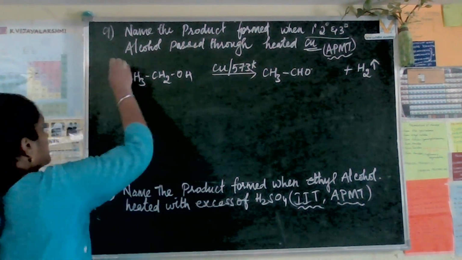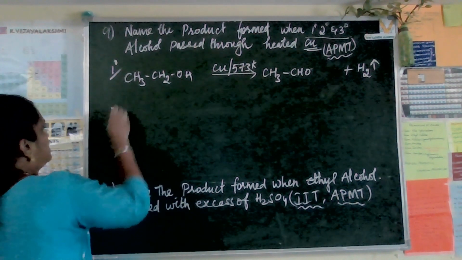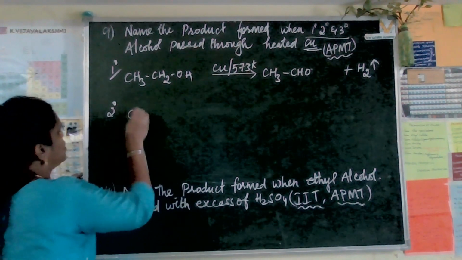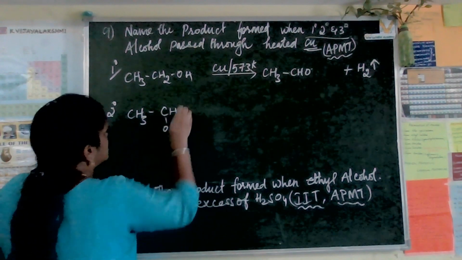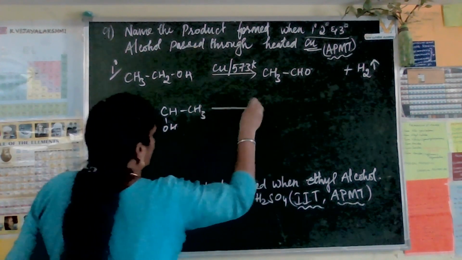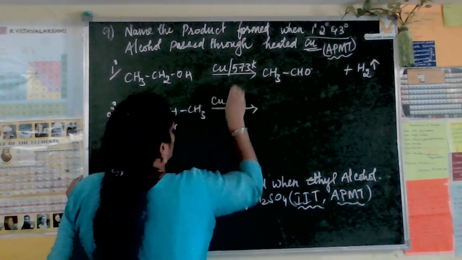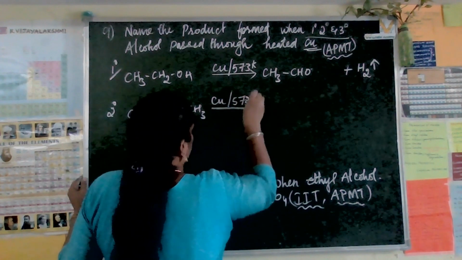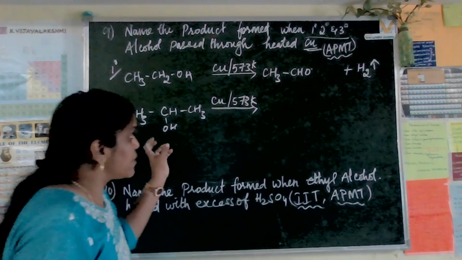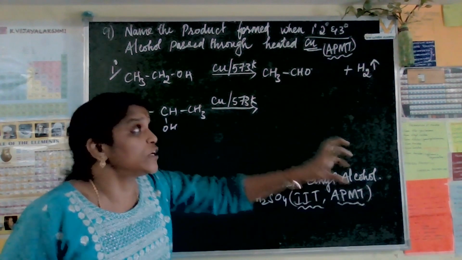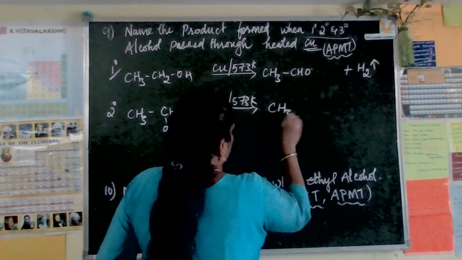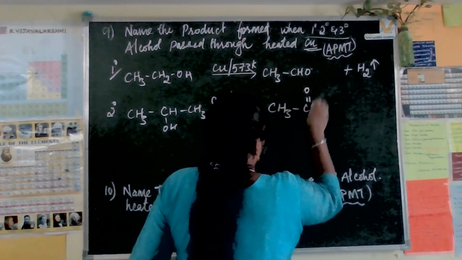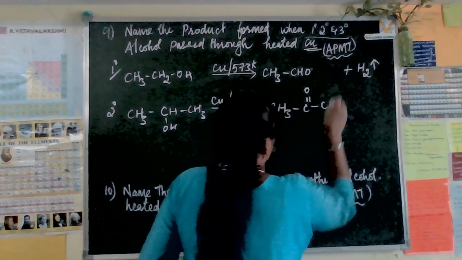Okay, now this is the primary alcohol, and next the secondary alcohol. CH3CHOHCH3, and the same way Cu at 573 K. When you pass the secondary alcohol over that red hot copper catalyst, what will you get? CH3C=OCH3, a ketone.